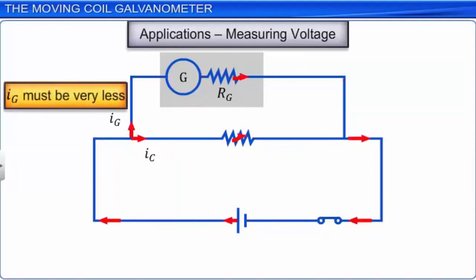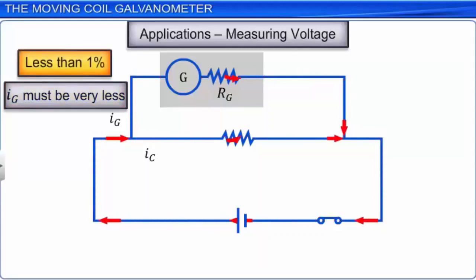The galvanometer must draw a very small current from the circuit. Otherwise, the original value of the current in the circuit will be altered. In general, the alteration in current due to the measuring device in the circuit must be negligible. It should be less than 1% of the original value.